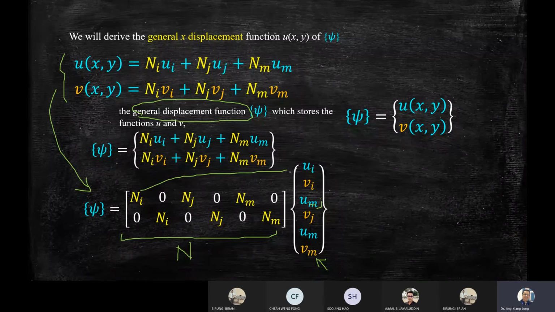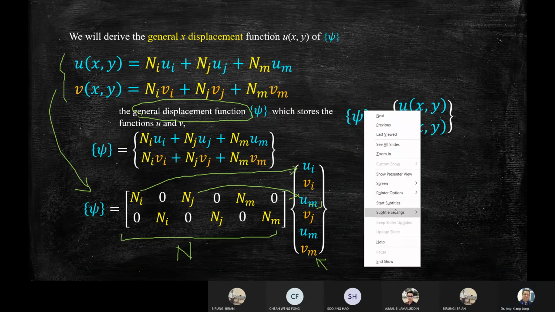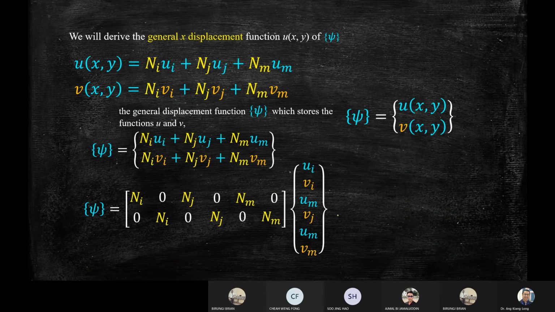So Ni times vi, you get this one. There's no vi in the first equation, so 0. Then how to get this one? You add in Nj times uj. 0, there's no vj in the first equation. Same with the rest. Again, typo error in my slides. This is not um, but it's uj.